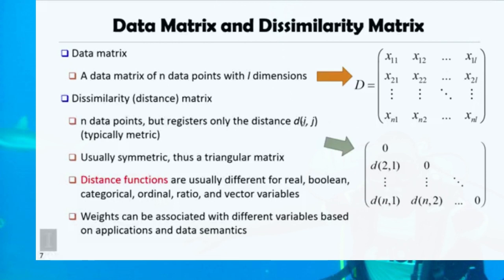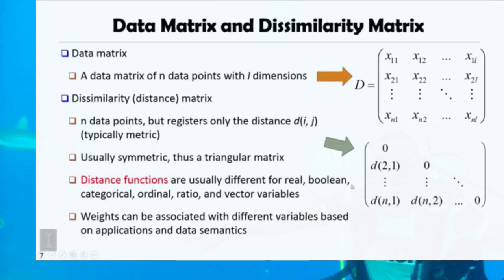The distance matrix or dissimilarity matrix usually is represented as a triangular matrix, because you have n data points, and we register only the distance between objects, like 2 versus 1, to look at their distance.